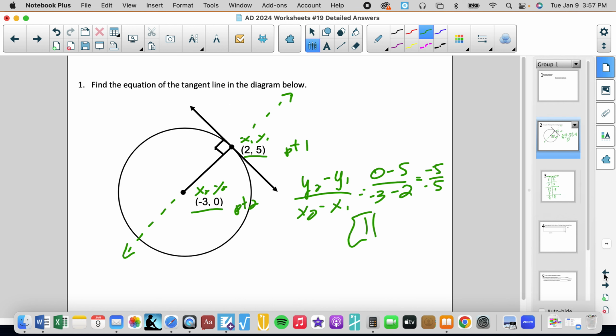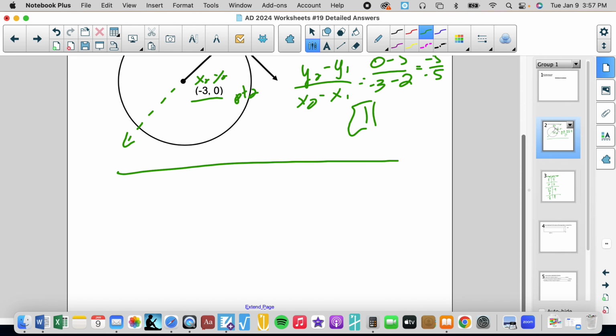So the inverse reciprocal is going to be this line has a slope of negative 1. So we have the slope and we have a point that is on there. This point (2,5) is also on that line. So with y equals mx plus b, we have the slope, negative 1, and we have a point, which is 2,5.